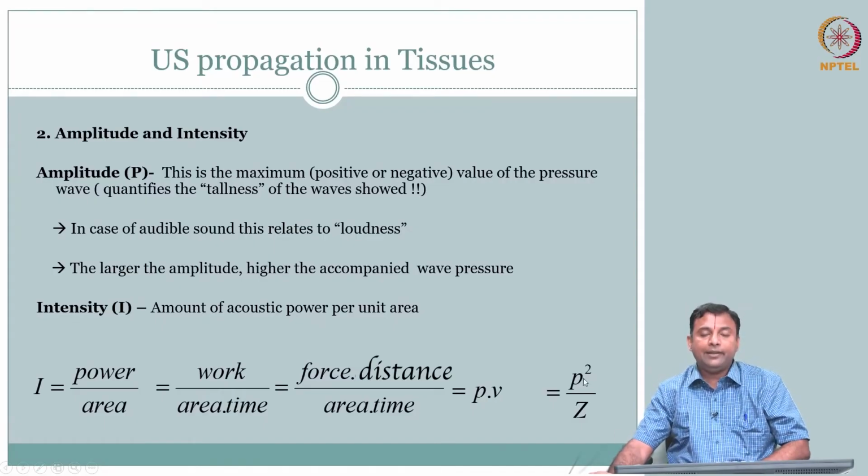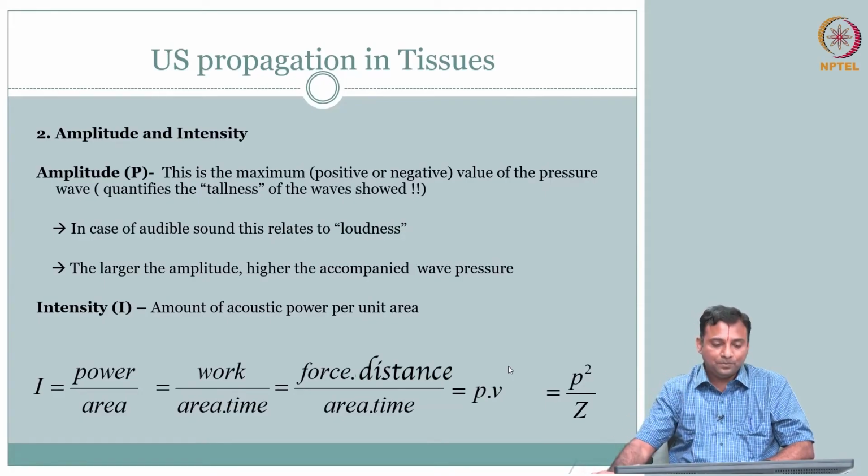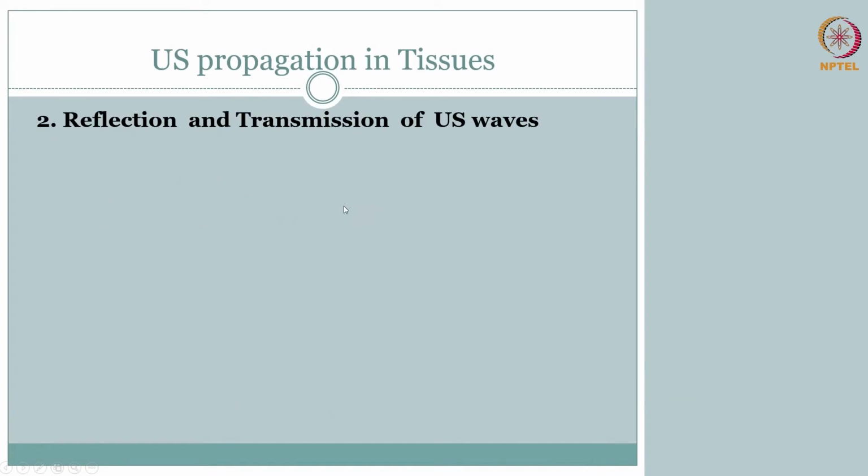So this is handy. That impedance itself, relating particle velocity and pressure, will be used very conveniently in the description of how this pressure and particle velocity behave when the wave is moving, to describe its interaction. Okay, so this is intensity.